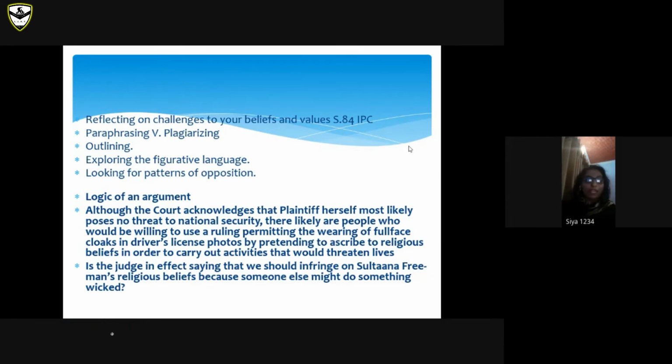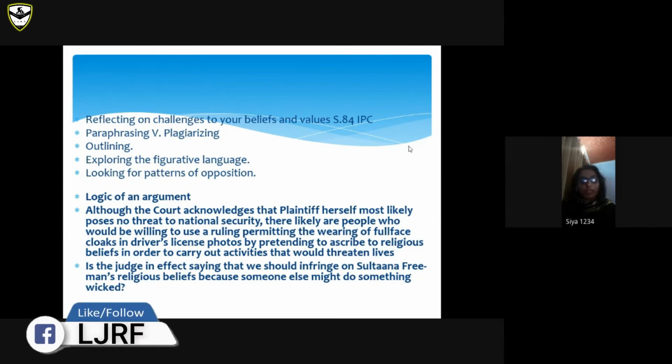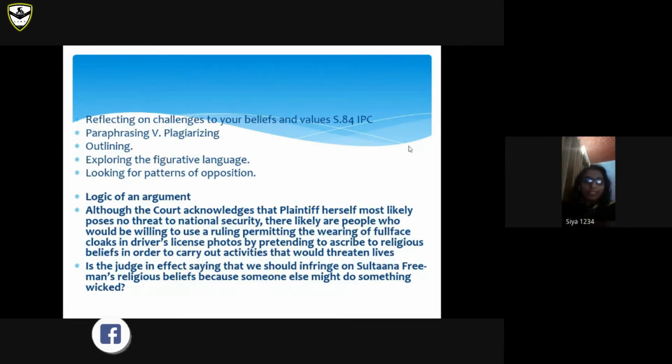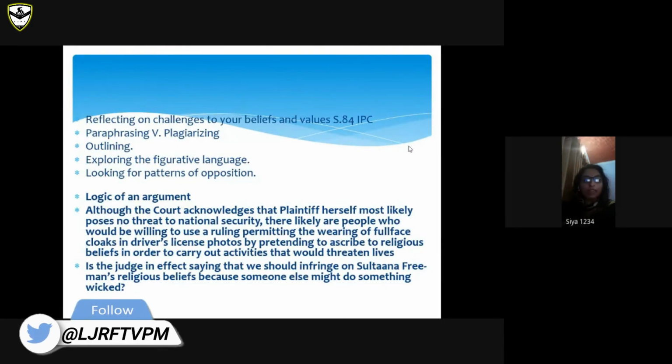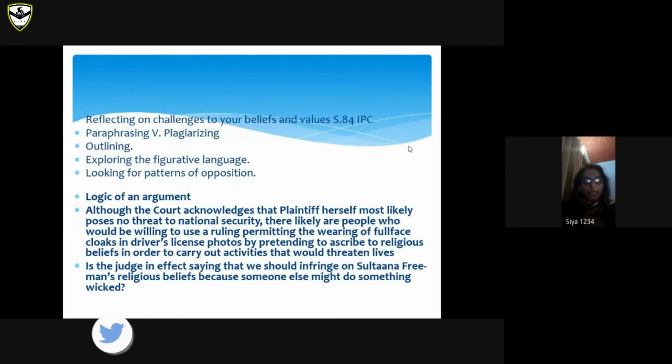Okay. Paraphrasing and plagiarism. Even if I am saying that Lord Acton said power tends to corruption, absolute power tends to absolute corruption, whether it is plagiarism or not. I'm not giving any citation, but simply I am saying that Lord Acton said power tends to corruption, absolute power tends to absolute corruption.